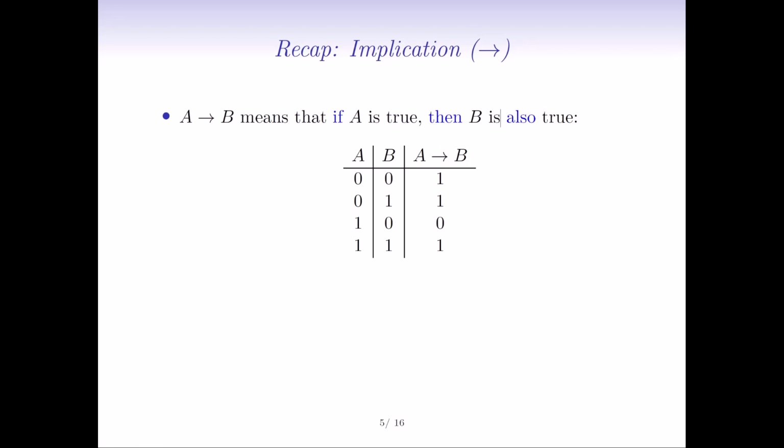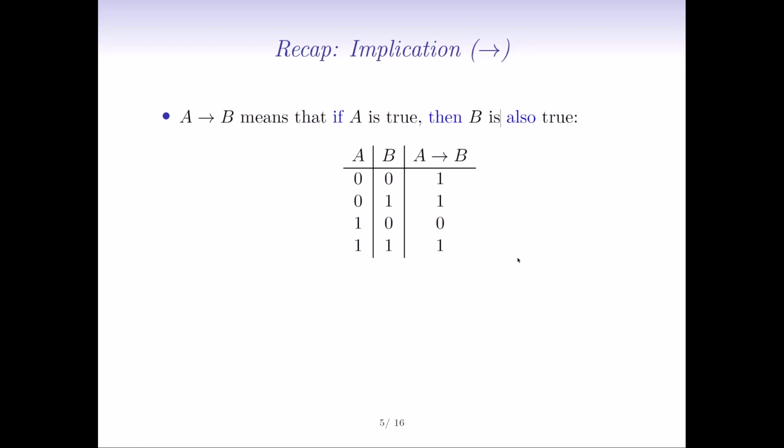We discussed this a little bit last time, but I think it's also worth thinking about it in the following way. One way of understanding why the truth table for A implies B is the way it is is that it's a way of saying we only really care about the cases in which A is true. We don't care at all about the cases in which A doesn't hold, because A implies B means if A. So of course you don't really have to worry about the cases when A is false.